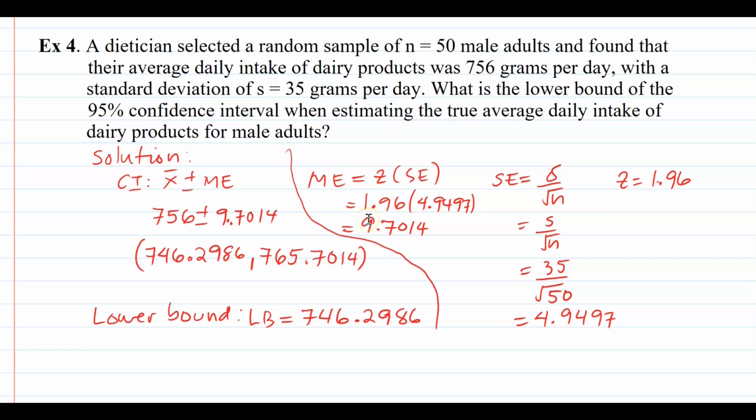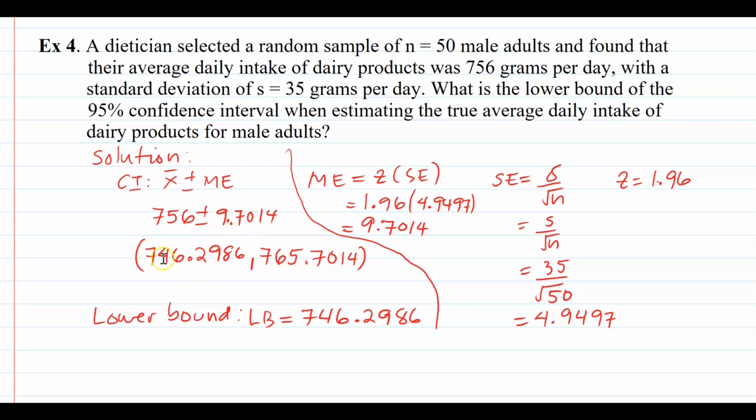Now that we have the margin of error, we can substitute that value into the confidence interval, which is x bar plus minus ME. Our x bar is the average of the sample, which is 756. So we have 756 plus minus 9.7014, the value of ME.